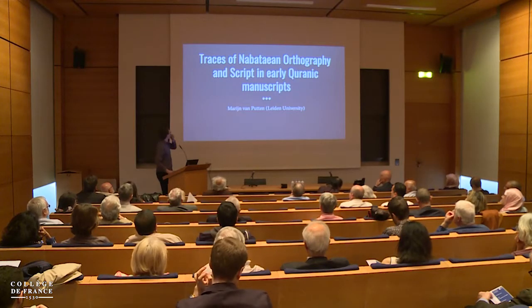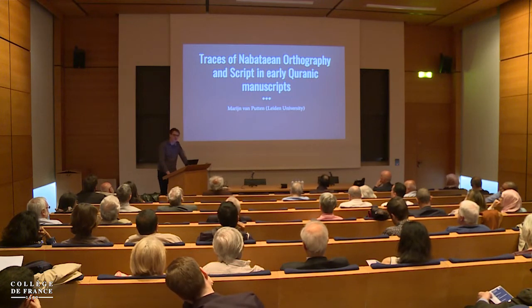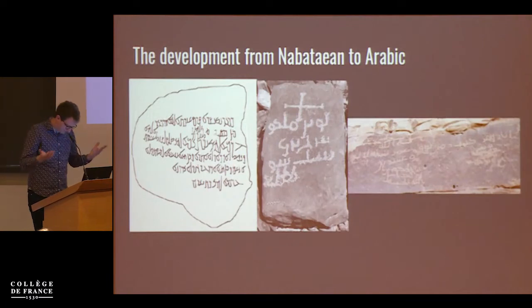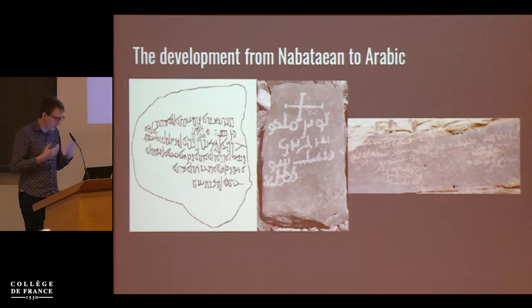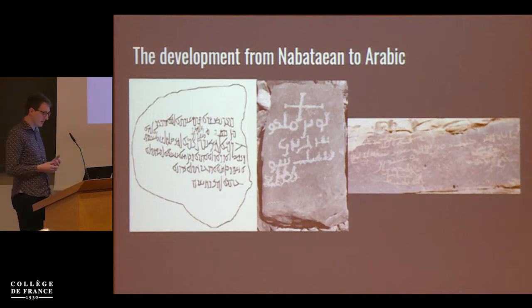So, I'll be talking about traces of Nabataean orthography and scripts in the early Quranic manuscripts. It's quite clear that the Arabic script as we have it today developed ultimately from the Nabataean script, and we can see really throughout the centuries before Islam that the Nabataean script develops more and more to something that is recognizably Arabic.